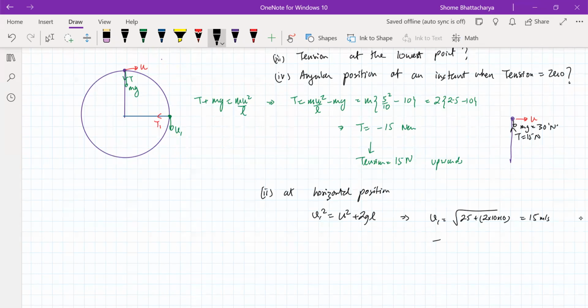So tension T1 will be mv1 square by L. That is, tension is equal to centripetal force and mg is equal to tangential force in this case. So T1 will simply become 225 into 5 by 10. Isn't it?